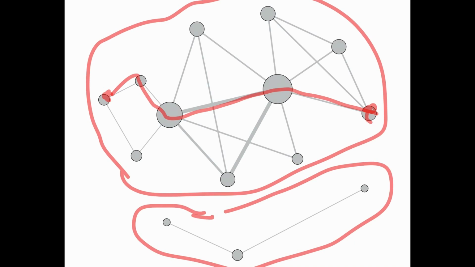In case it is directed, then the definition of components becomes more complicated, and you will find that in some cases researchers try to distinguish weak components versus strong components based on the direction of the ties.